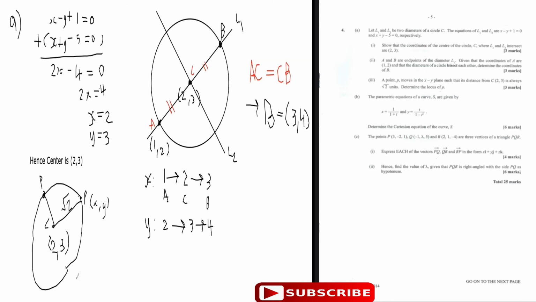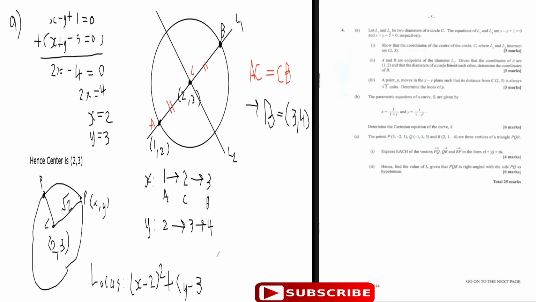So the locus of P is going to be given by x minus 2 all squared plus y minus 3 all squared.